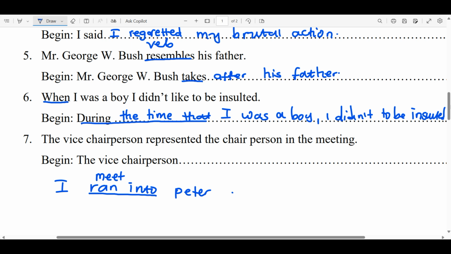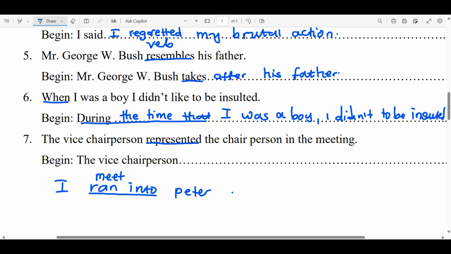Number 7, the vice chairperson represented the chairperson in the meeting. So the chairperson was absent, but he was represented by this vice chairperson. So the word that we are interested in here is represented. Which phrasal verb can we use that can mean the same as represent?